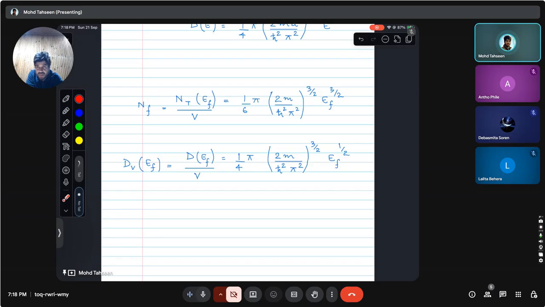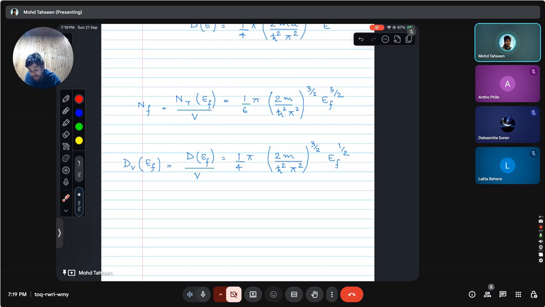Now up to the Fermi energy at 0 Kelvin we have all the states there. There is not a single state above the Fermi energy which is filled. So what this expression shows us is simply the number of allowed states per unit volume, because the probability of occupancy here is 1.